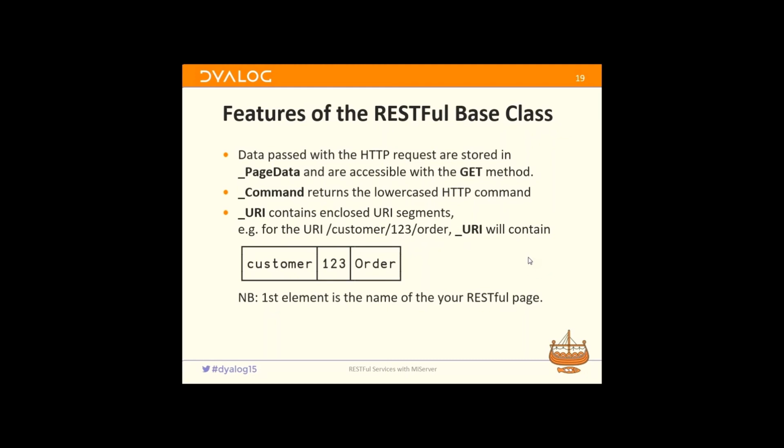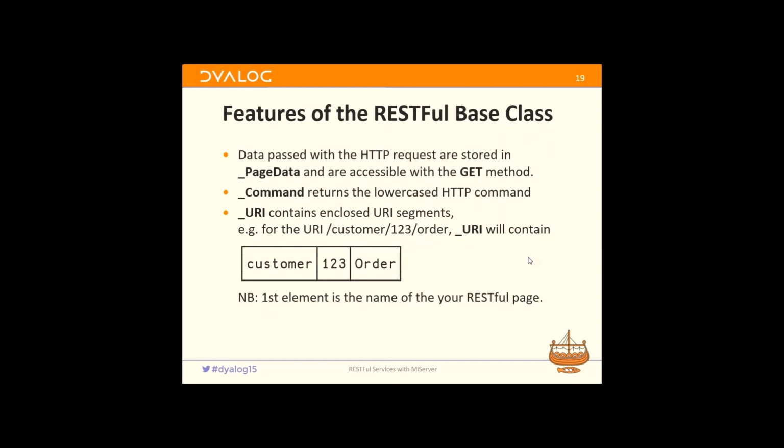So Brian, the RESTful class, essentially what it does is it adds this URI and then it has the automatic formatting of the result as JSON. What else does it do? Is that basically what's different from what a web server page would do? It exposes a couple of methods to make it easier.